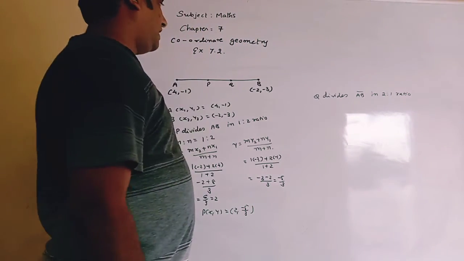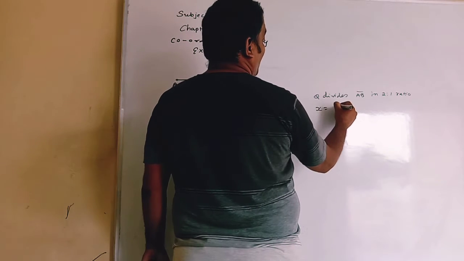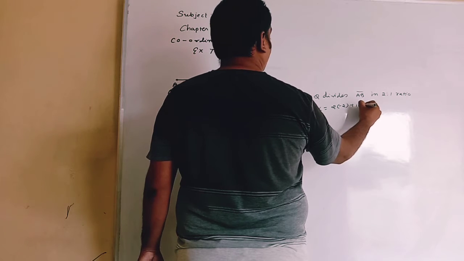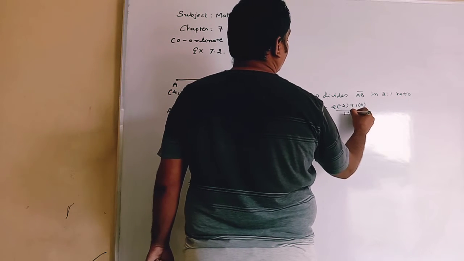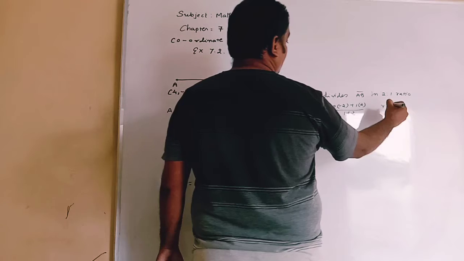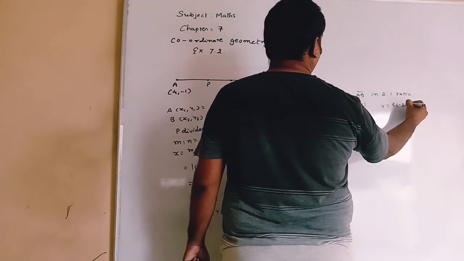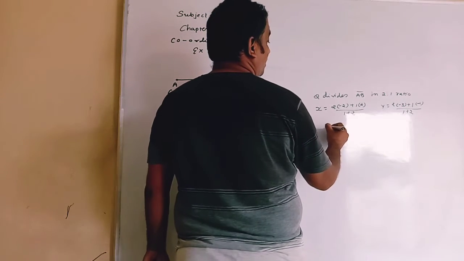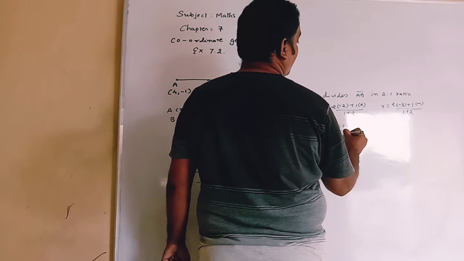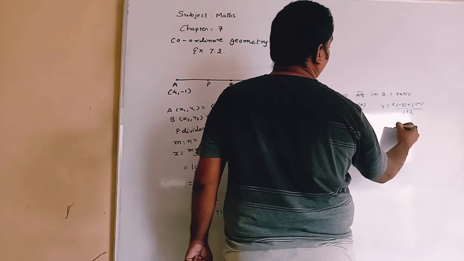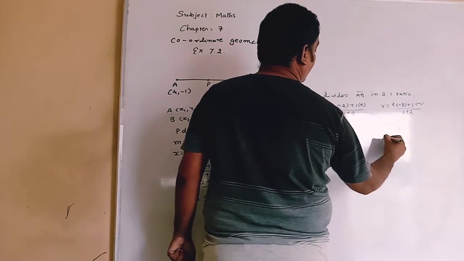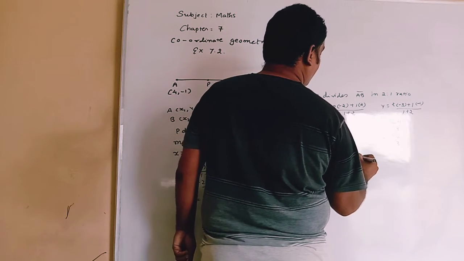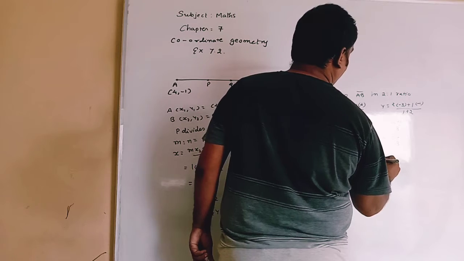So we can write that x equals 2 into -2 plus 1 into 4, by 1 plus 2, and y equals 2 into -3 plus 1 into -1, by 1 plus 2. So it is -4 plus 4 by 3, and here -6 minus 1 by 3. So this is 0, and here -7 by 3. And so Q (x, y) point equals 0, -7 by 3.